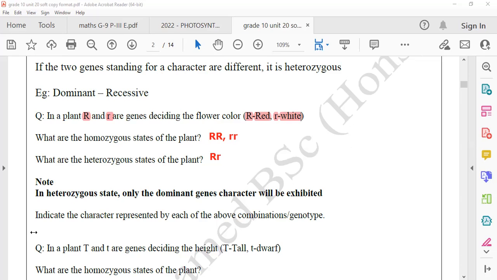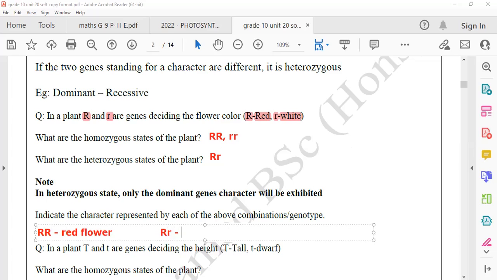Right. Suppose if capital R, capital R combination is there, what kind of flower will be developed in that plant? Red color. Red flowers. Correct? Yes, sir. Suppose if capital R, simple r is there.